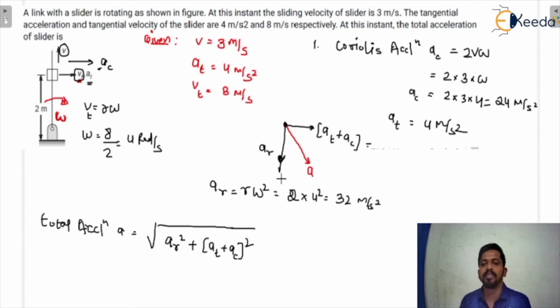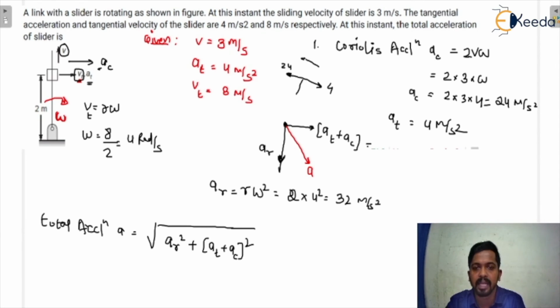If the direction of Coriolis acceleration is opposite to that, then we need to subtract them. For example, if we have calculated the Coriolis acceleration and it was in the direction of this, and the magnitude was 24 and the tangential acceleration 4, we have to subtract them because both are in opposite directions.